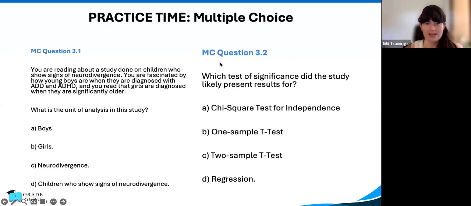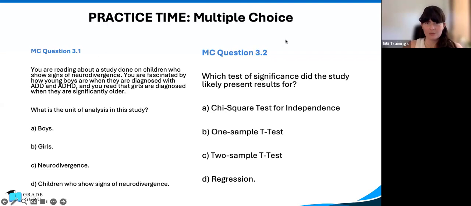And the other one is age, because it's the age at which they were diagnosed, which is ratio. So the only option is the two sample t-test. Is that clear now for everybody who had no idea? Great.